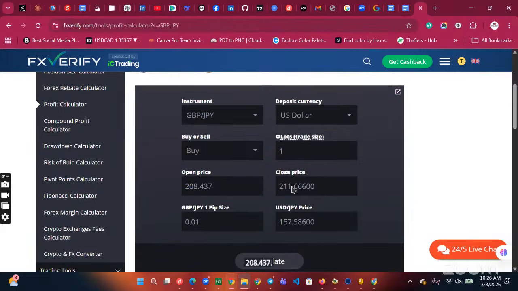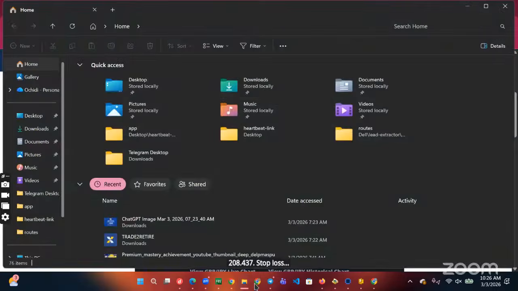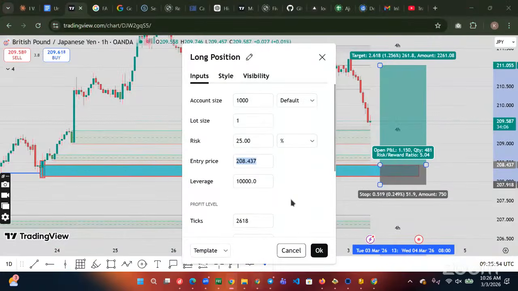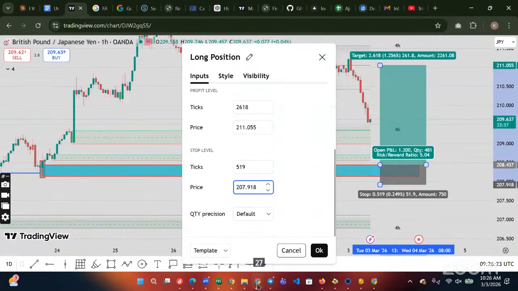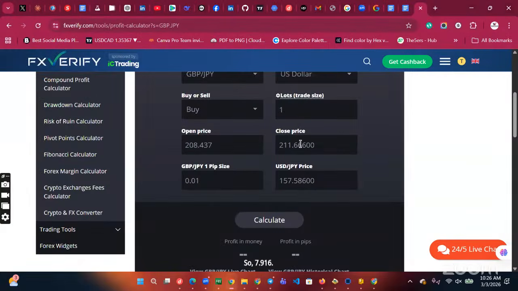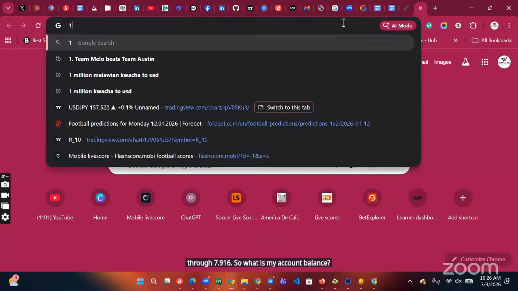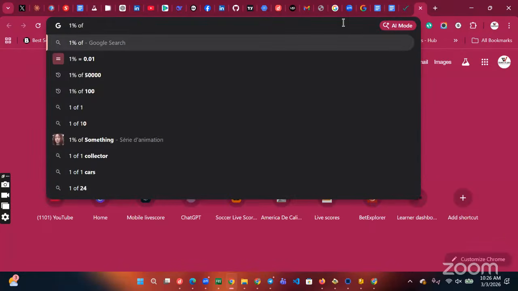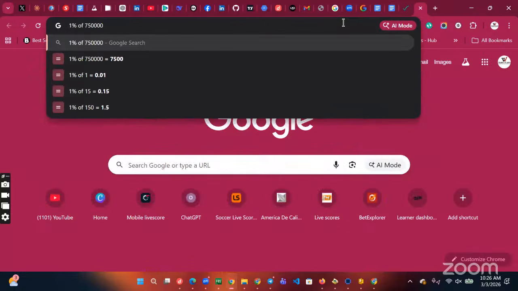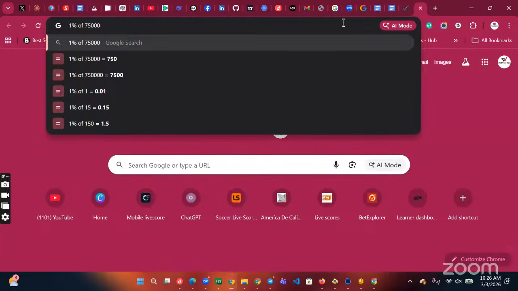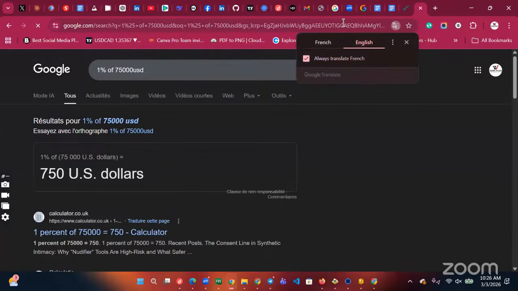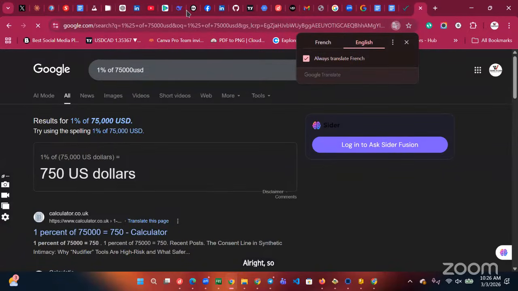Stop loss, 207.916. So what is my account balance? All right, so $750.